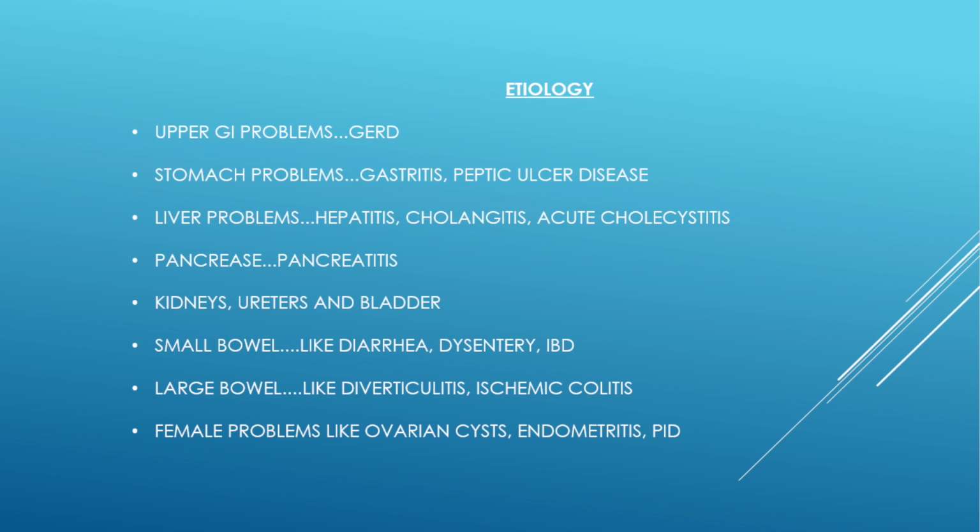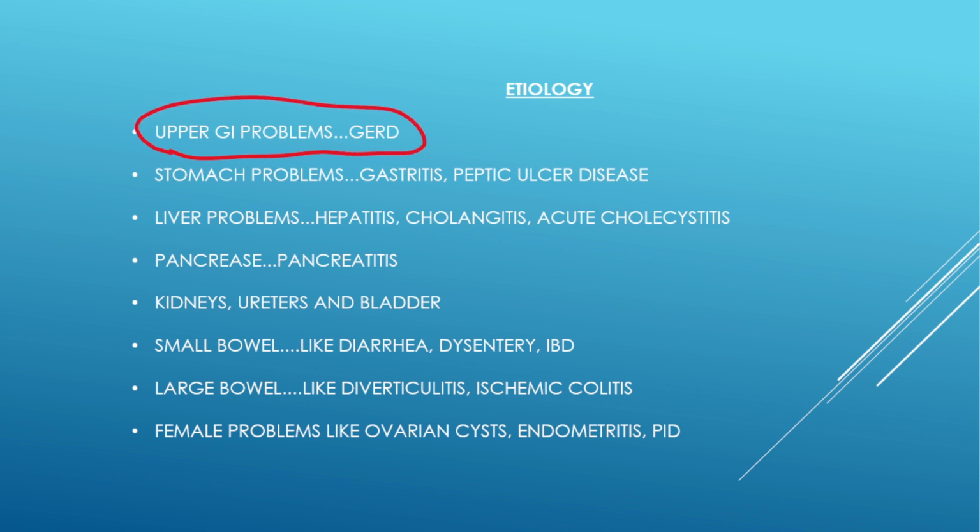Now, the next thing is to dig deep in the history and ask about the etiology. So we start systematically from the top to bottom, relating to the structures which are present from the top to bottom, and you must have some questions regarding each disease which can cause abdominal pain, like upper GI problems.